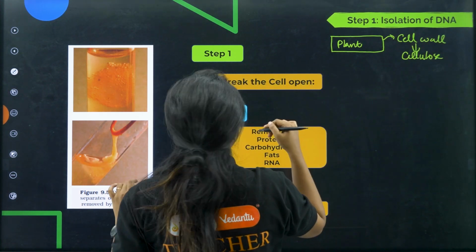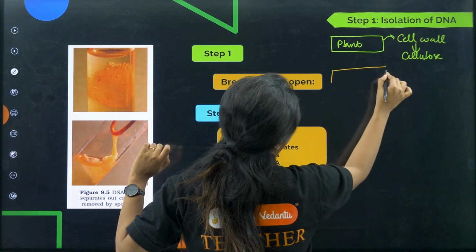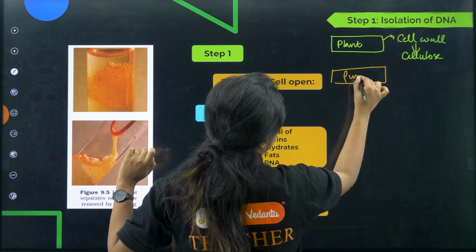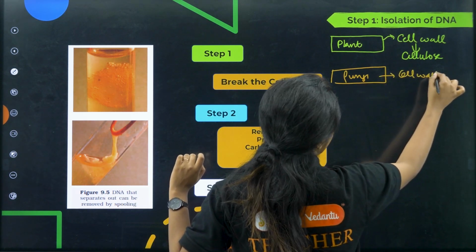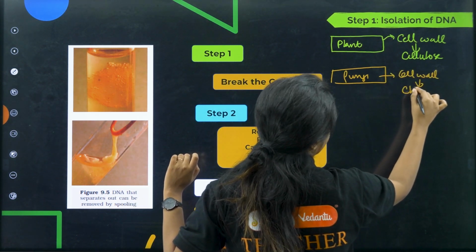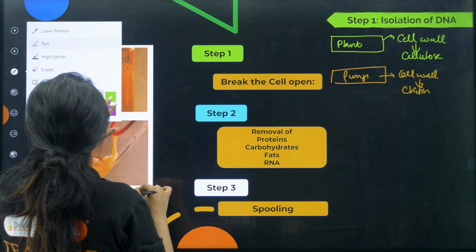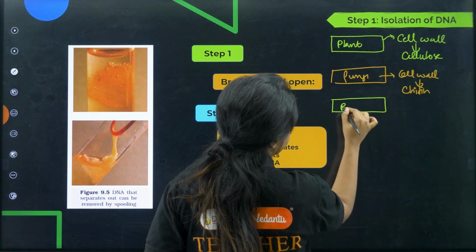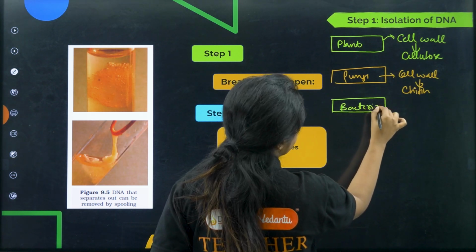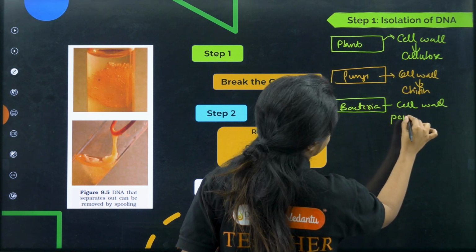Now the next thing is fungi. Fungi again has a cell wall, and the cell wall is made up of chitin. Now, the third thing, this piece of information is very much important. Bacteria also have a cell wall, and it is made up of peptidoglycan.